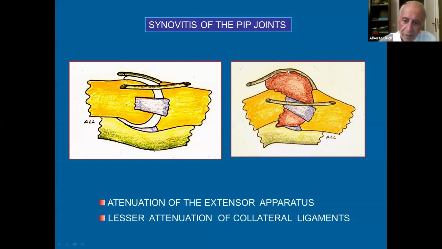If we have a synovitis of the PIP joint here, the synovitis, as we said before, will destroy the soft structures, which are tendons. It will also destroy the cartilage and the collateral ligaments, even in the PIP joints, although these are true collateral ligaments, because with the extension forces we don't have the intrinsics here, so we don't need the collateral ligaments to go from dorsum to volar, like in the MP joints.